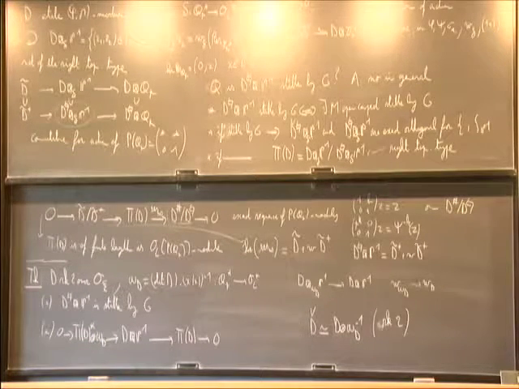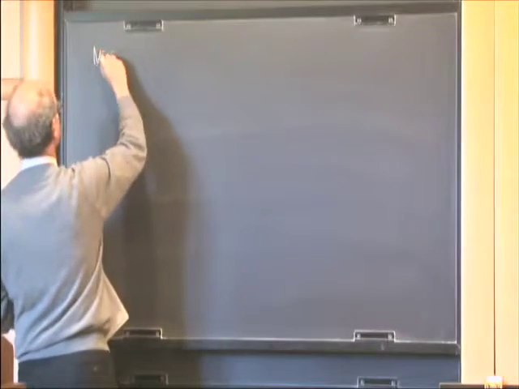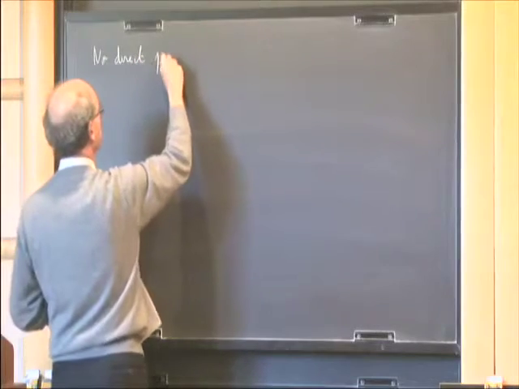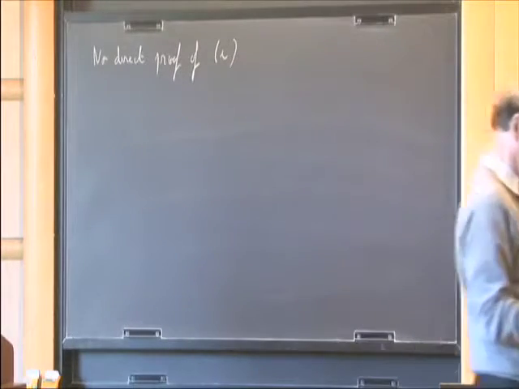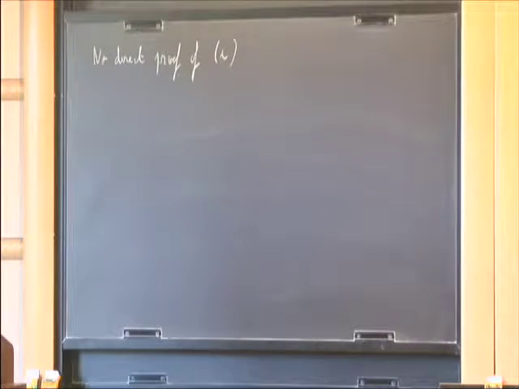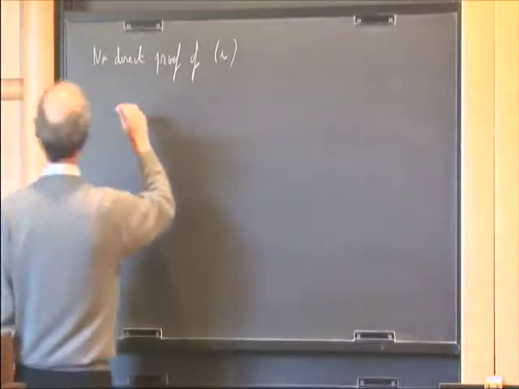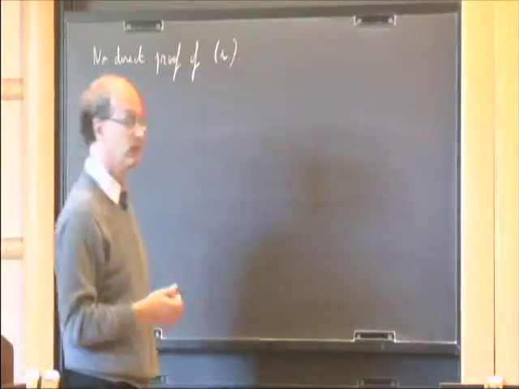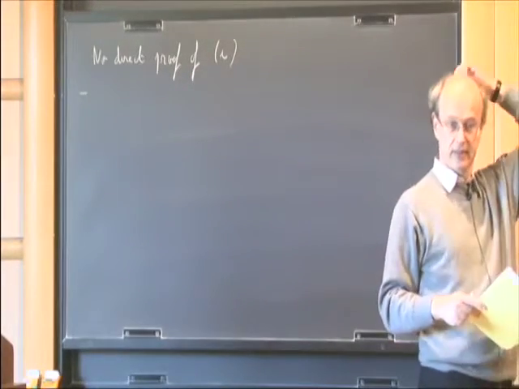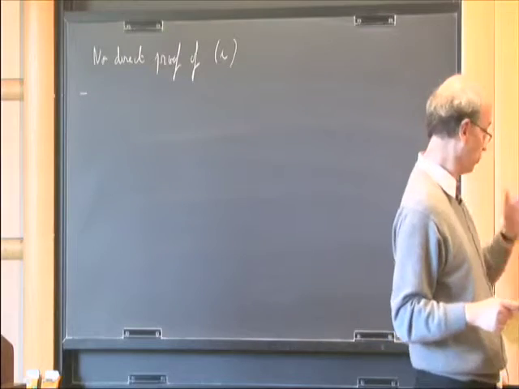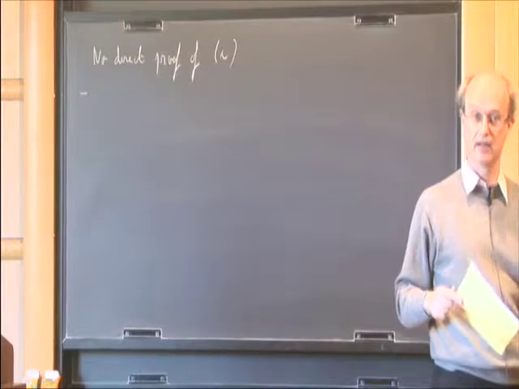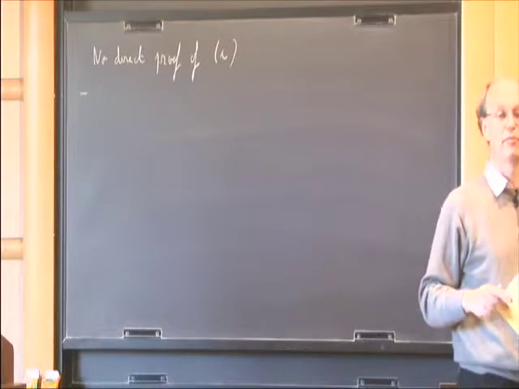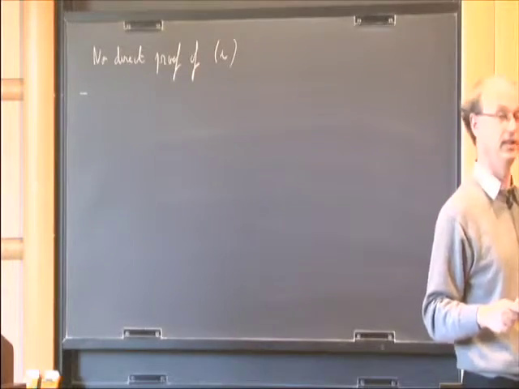And the proof of 1, I don't know any direct proof. So the strategy is going to be the following. We are going to put D in a family. And then we are going to prove the statement for some Zariski dense subset of the family. And then we are going to deduce it for all members of the family, and so we are going to deduce it for D itself. Okay.